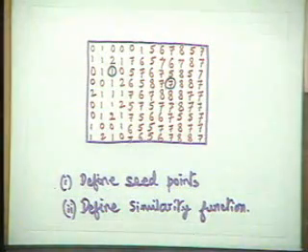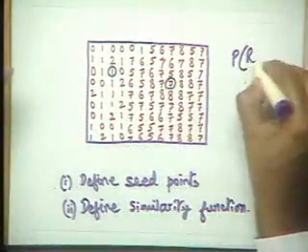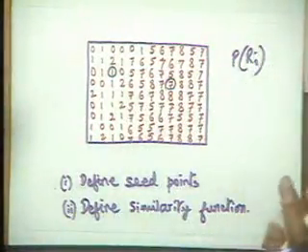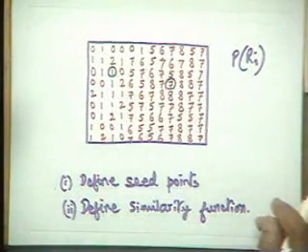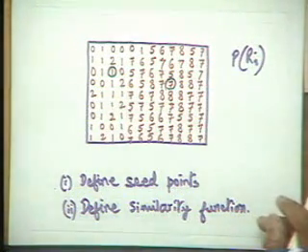Let us say that we define this P of Ri such that all the pixels belonging to the region Ri will not have an intensity difference of more than 3.